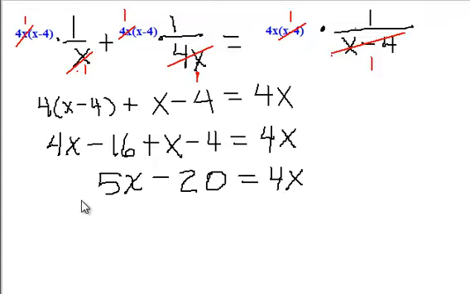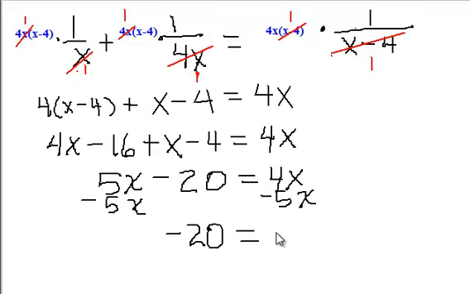And let's subtract 5x from both sides so that we have all of our x's combined into a single term on one side of the equals, and anything that doesn't have an x combined into a single term on the other side of the equals. So negative 20 equals negative x.